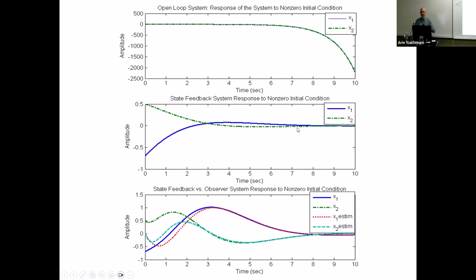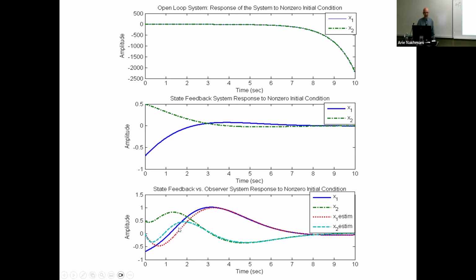Now I'm adding an observer in the loop. And pay attention that here I have access to all of the original X's, but typically I don't. So I need to design an observer for that. When I add the observer, now you have 4 values. Both observer values start at 0 initial conditions, okay? So these are the cyan and red.